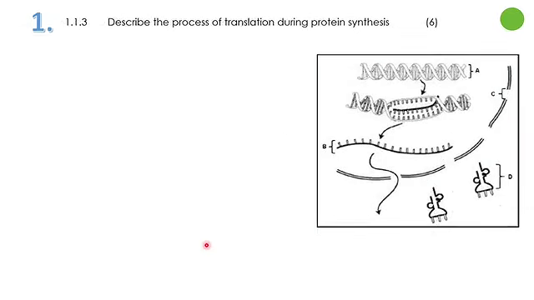Right, so then we get to question 1.1.3, and they ask us to describe the process of translation during protein synthesis. So now we're in the second half of our process of protein synthesis. We're looking at how we actually take this coded message that we have here and make a protein molecule from it.